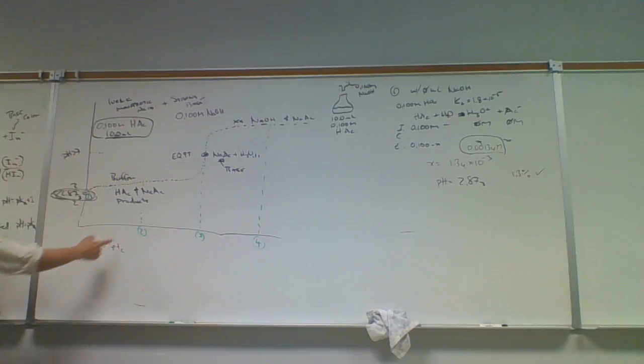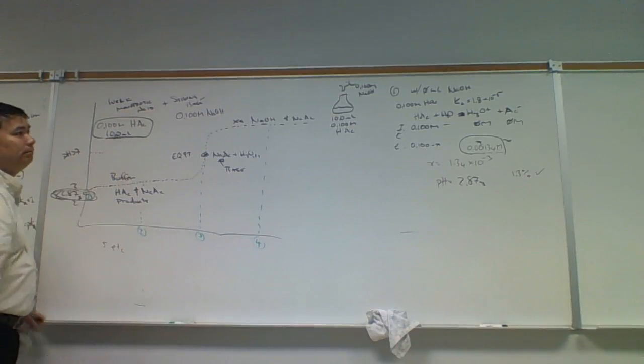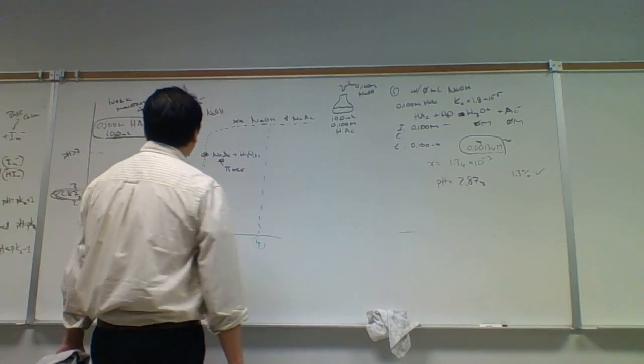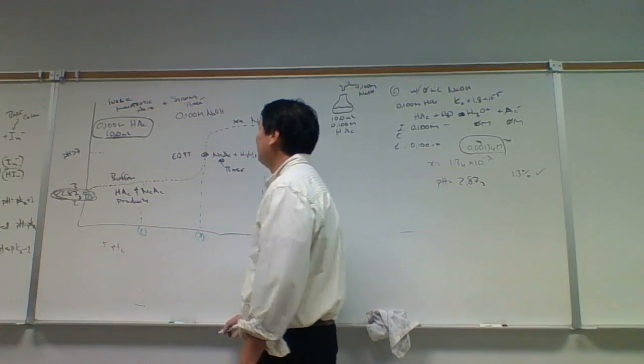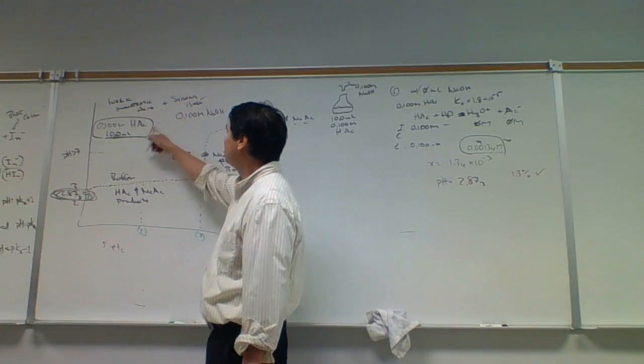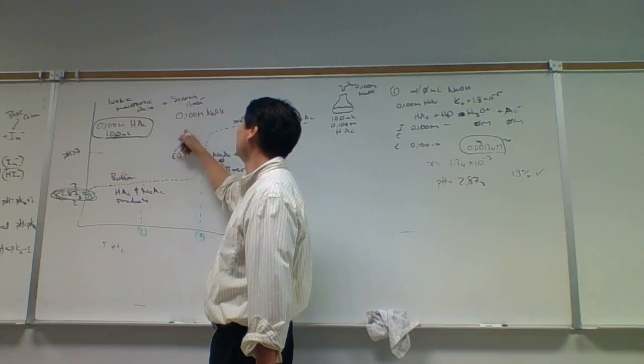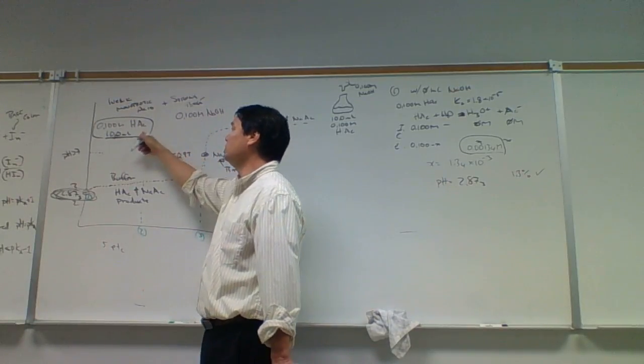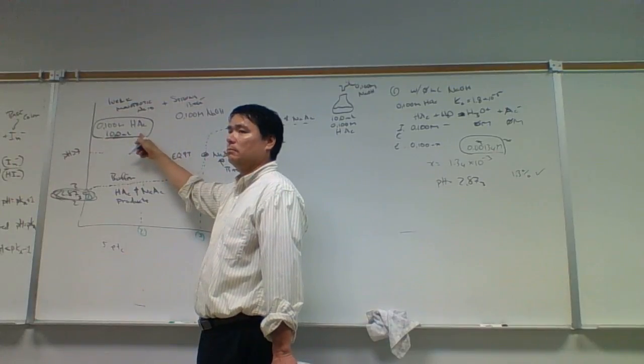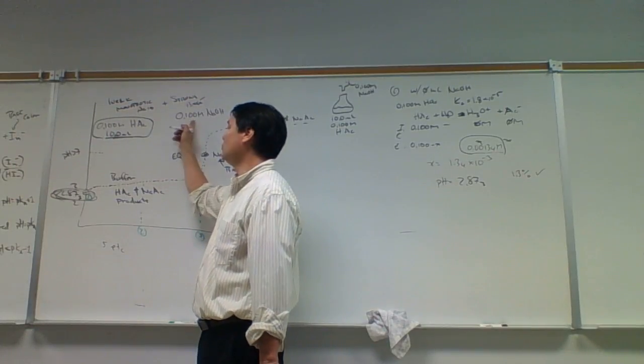All right, then let's go to this where I've added a half equivalent. Now, note the concentrations are the same. So if I have 10 milliliters of acetic acid, how many milliliters of sodium hydroxide will I need to neutralize that? It's the same concentration, so 1-to-1.